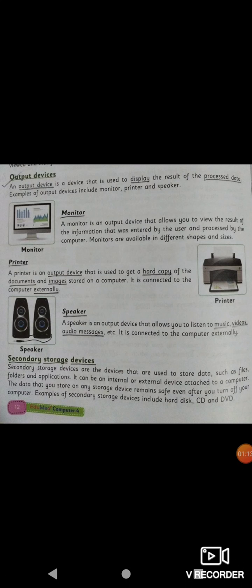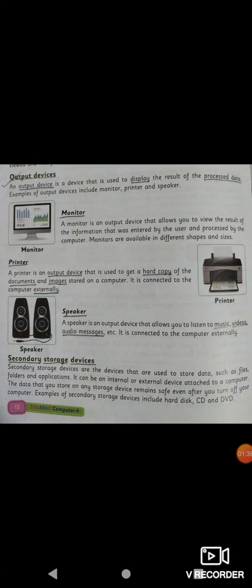An output device is a device that is used to display the result of the processed data. Examples of output devices include monitor, printer, and speaker. So what are output devices? They are the devices which are used to display the result of the processed data, right?